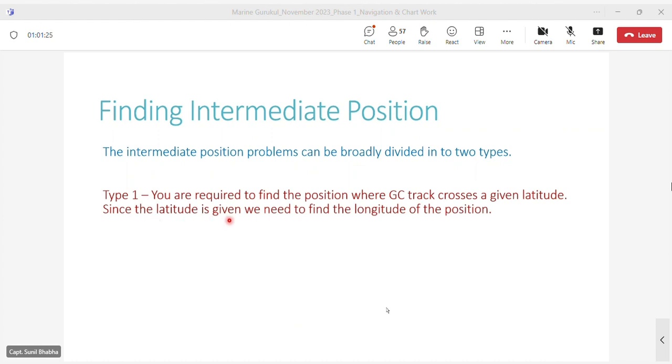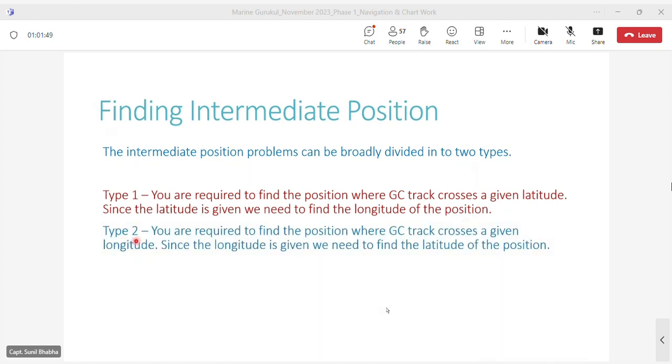Since the latitude is given, we need to find the longitude of that particular position. So this is type 1. They will give us the initial position, the final position, and an intermediate latitude, and they will tell us to find out what is the position where the great circle track crosses that particular latitude.